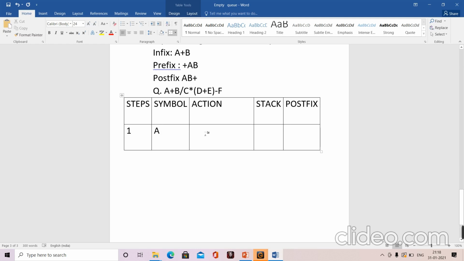Then what action do we need to perform? We will add A to the postfix. Why have I written like this?